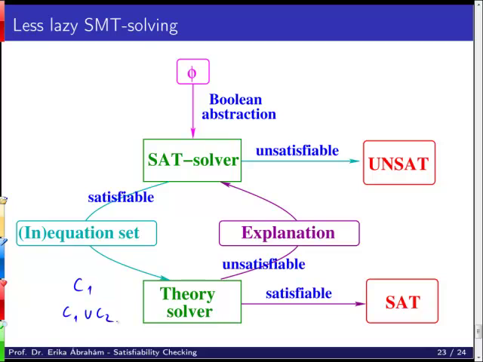Then the theory solver does a kind of double work, because it already knows that C1 was satisfiable, and it would be good if it could reuse the check for C1 to check the union of C1 and C2. And this is what we call incrementality. So it would be for efficiency advantages if the theory solver could work incrementally. It gets a set of constraints, checks it, then it gets additional constraints in case it was satisfiable, and it reuses the previous state of the check to extend it to the new constraints.